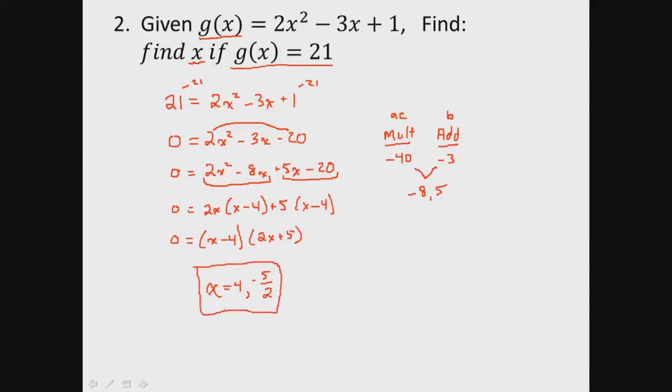So these are the two solutions that would give me g of x equaling 21. So if I were to sub in 4 into this equation, we would get 21. If I were to sub in minus 5 over 2 for x into this function, then I would get 21.